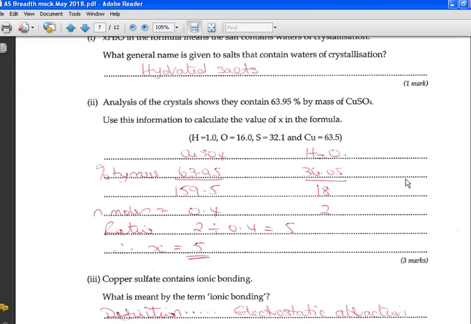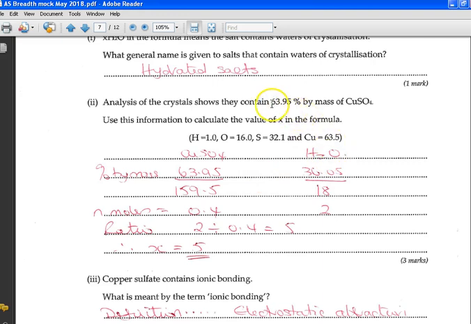Calculation of water of crystallization seemed to throw some of you here. If you're given a percentage like this that's telling you that the anhydrous salt is 63.95%, then the other percentage, the 36.05, must be the water.